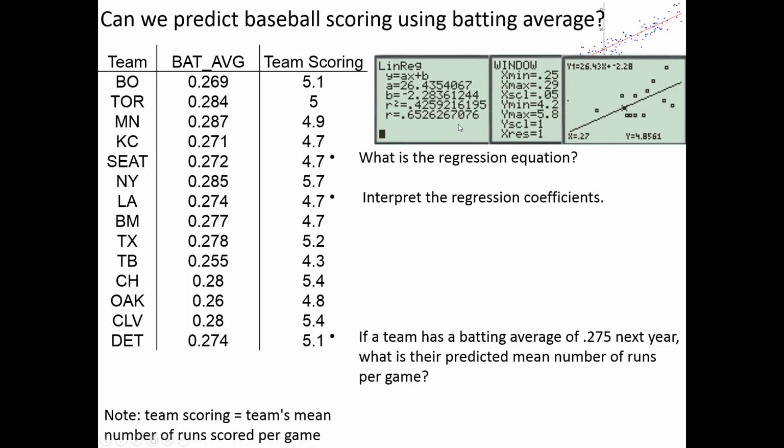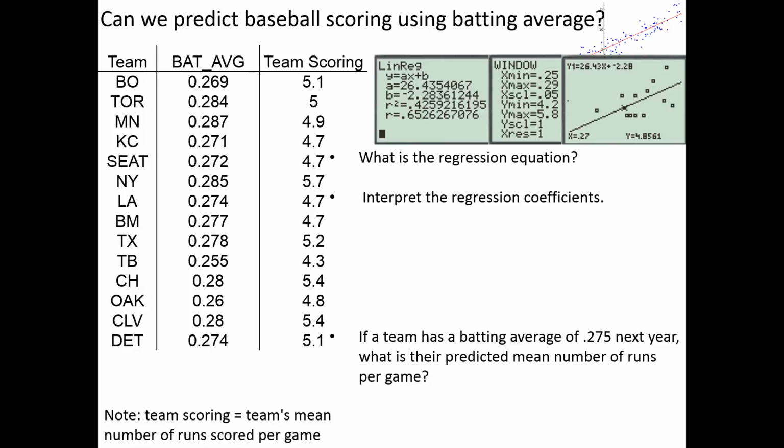You might want to pause the video now and put this data into your calculator and confirm that you would get this slope, this intercept, and this correlation coefficient. And in fact, the data does look like this. There's definitely some scatter here, but it does seem to have a positive trend, and somewhat of a linear relationship. Okay, so why don't you do that and pause this, and then we'll continue.